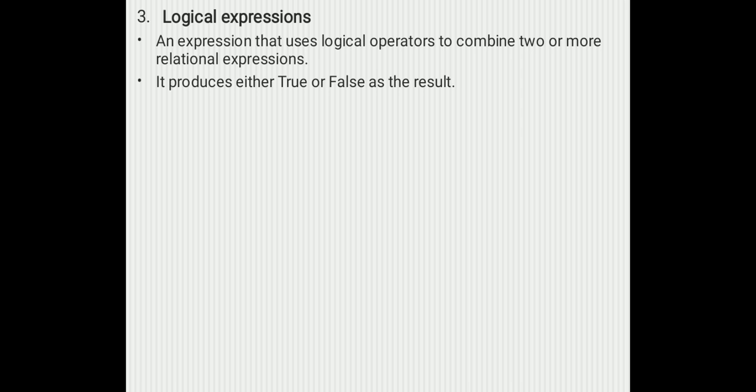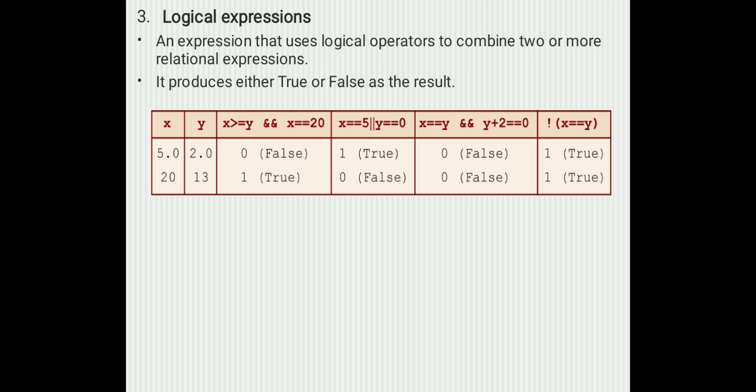And next is the logical expression. If the expression contains logical operators, which combine two or more relational expressions, it is known as a logical expression, and it produces the output as true or false. For example, x is 5.0, y is 2.0: x greater than or equal to y is true, but x equal to 20 is false.